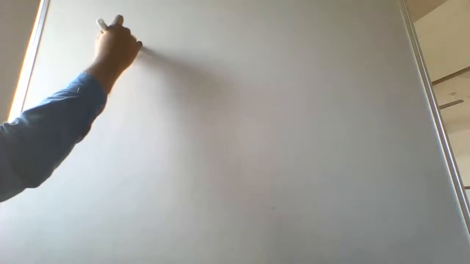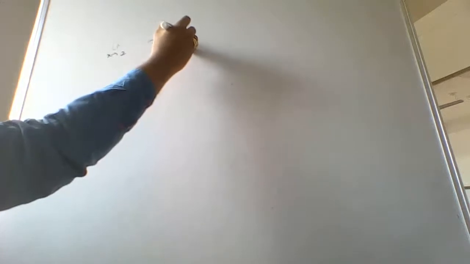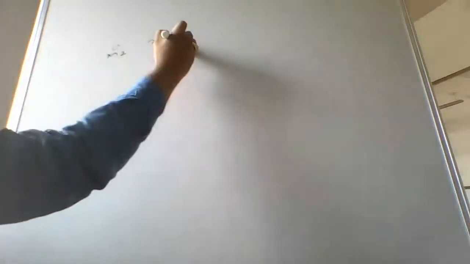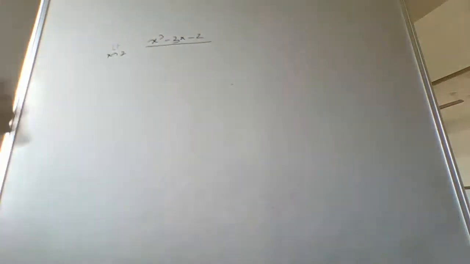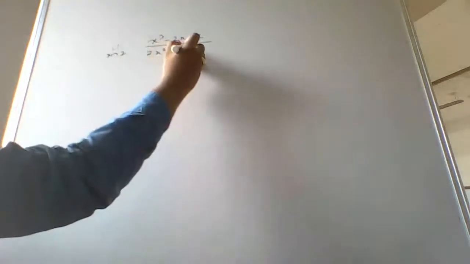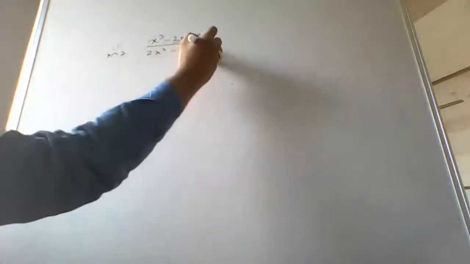Okay. Now the limit as x tends to 2 of x cube minus 3x plus 2, divided by 2x square minus 5x plus 2.